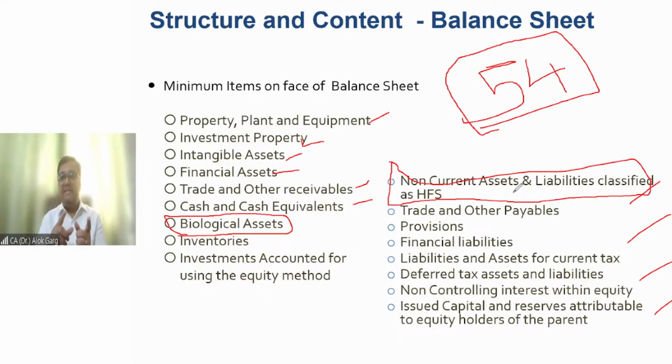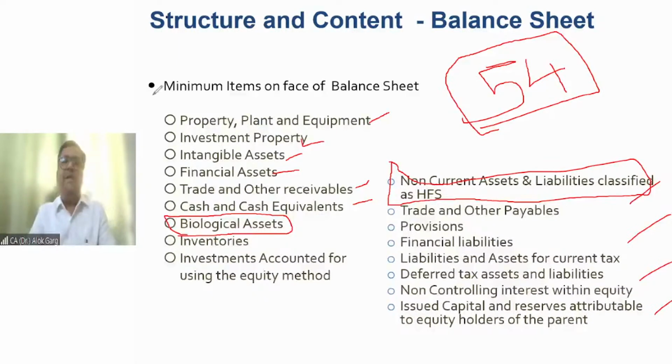If Ind AS has some other requirement, that is also required to be followed. As I told you, the Ind AS requirement is beyond and more than the Schedule 3 requirement. So if you are a preparer or an auditor of the financial statements, you need to refer to Schedule 3 as well as Ind AS.